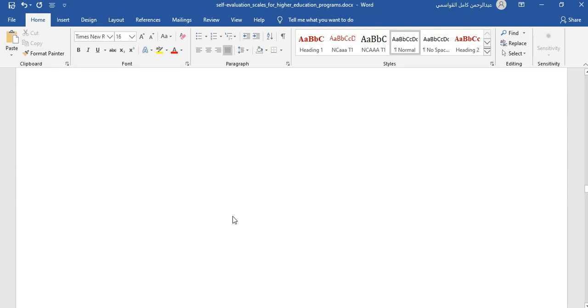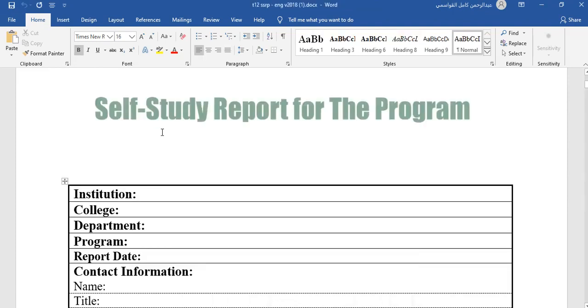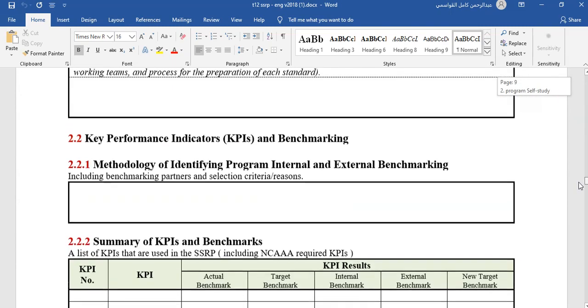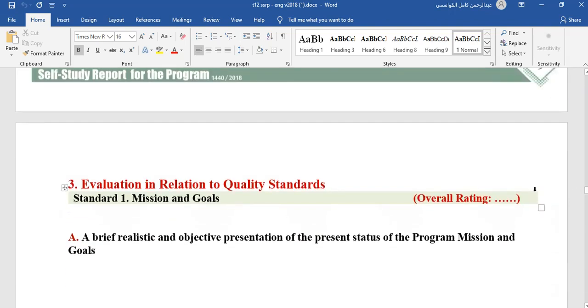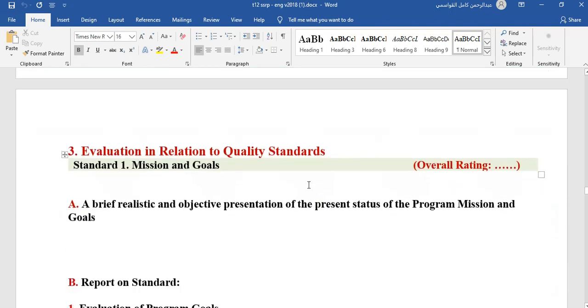I'm finishing now the first part, about filling the self-study report. The first part was about how to fill the self-evaluation scale. Why did I talk about the self-evaluation scale? This is because when you fill the self-study report, you will see evaluation in relation to quality standards.